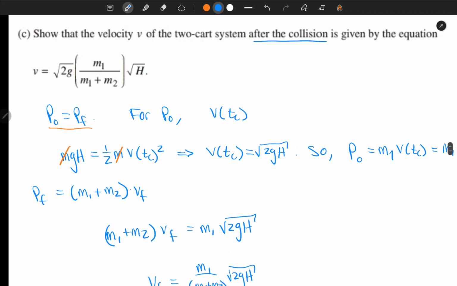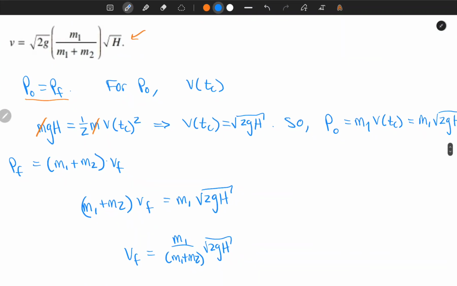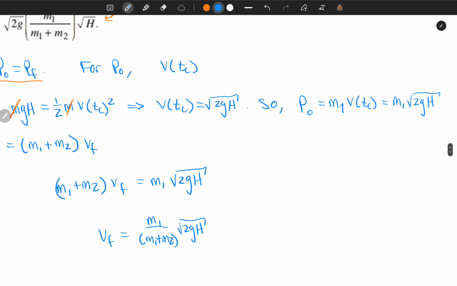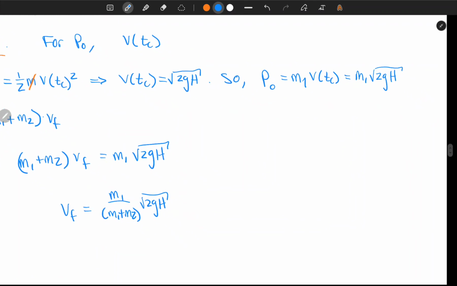And since we are asked for this exact form, although it may seem simple, we just show that we can rearrange the square root of 2gh into the product of two radicals. That is, we have m1 over m1 plus m2 multiplied by the square root of 2g times the square root of h.